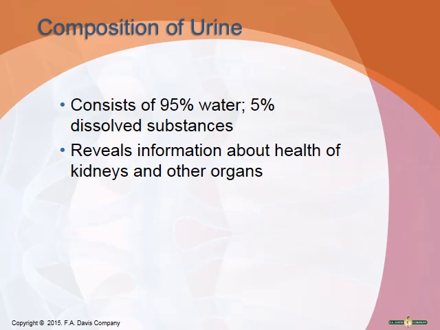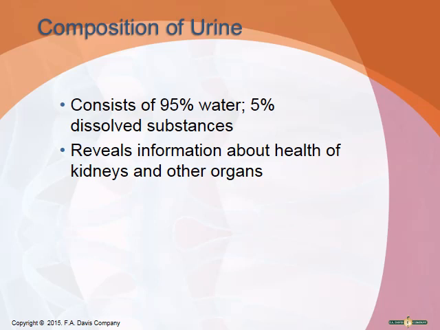So we look at color, we smell for odor, and we also measure specific gravity, which tells us how much solids are in the liquid. A more concentrated urine is going to have a higher specific gravity, and a lower specific gravity is going to be more fluid than solids.